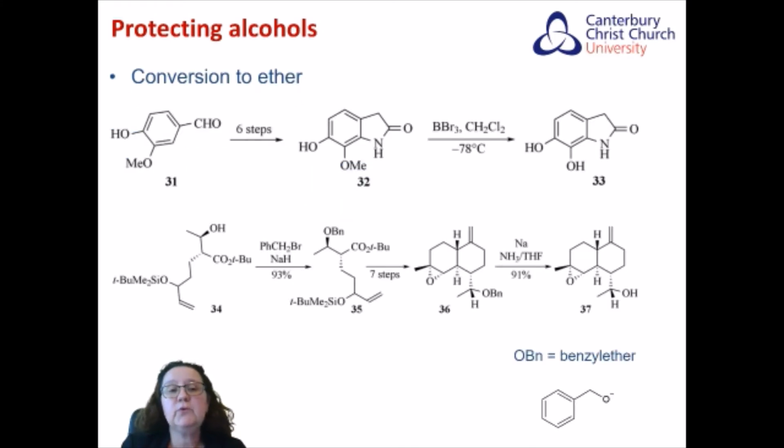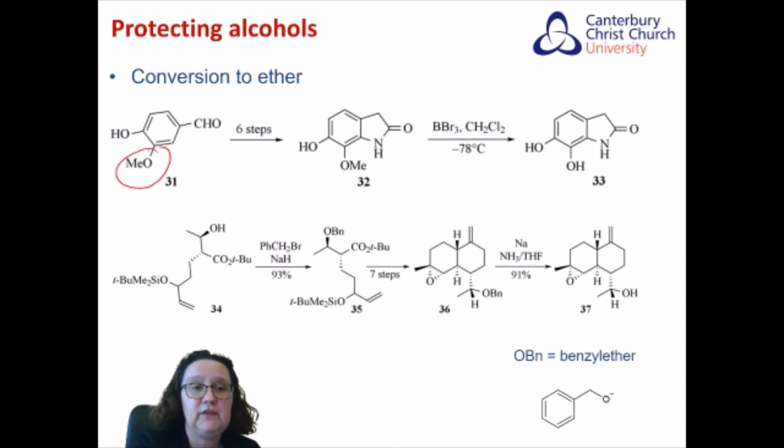So for example, this is a reaction in which an alcohol group is converted to an ether to protect it. In this case, it's not so much that you are converting it to an ether, but you start with already the ether. So you start here with a methoxy group.